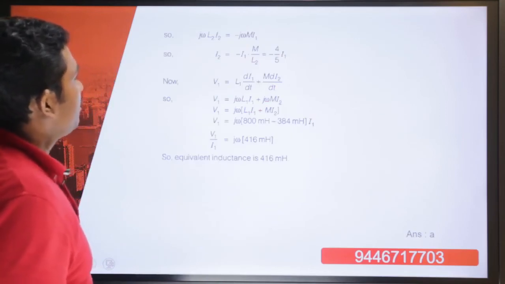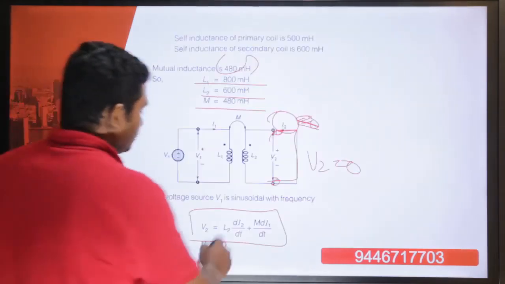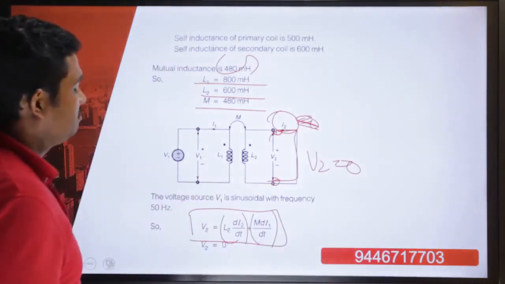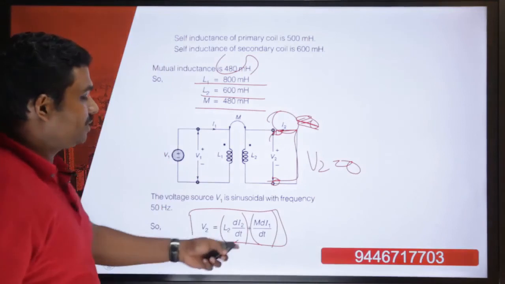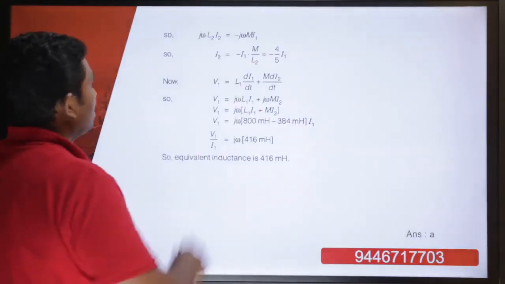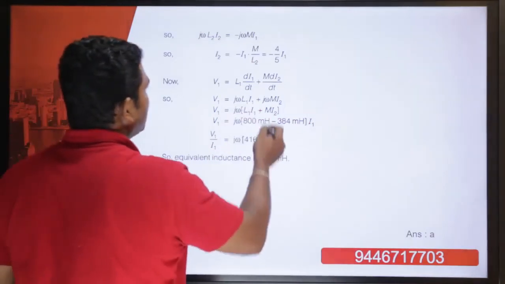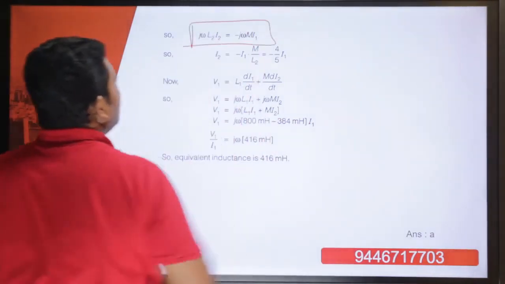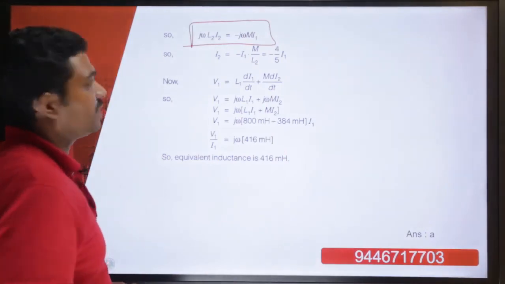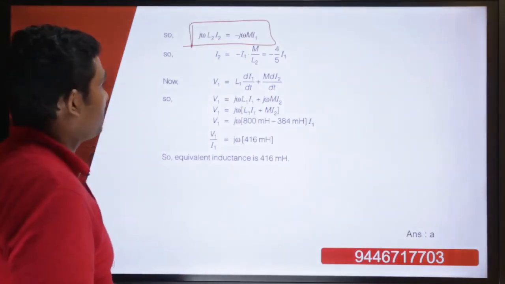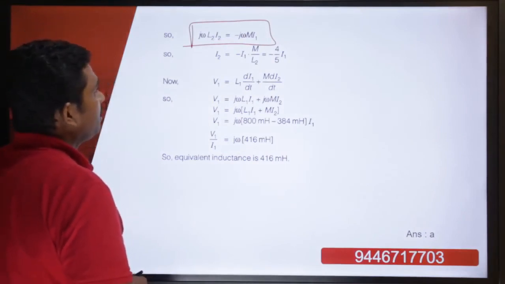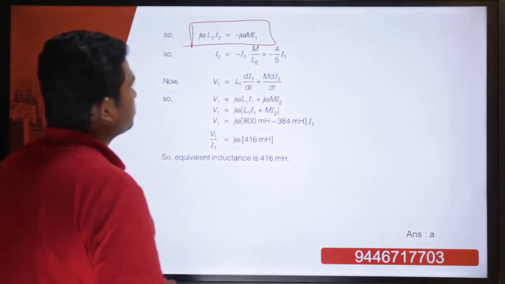So what happens is that we can equate this. Okay, L2 di2 by dt is equal to minus M di1 by dt. So substituting the expression in terms of j omega and L, j omega L2 I2 equals minus j omega M I1. Okay, from this you can make an equation for I2 in terms of I1.